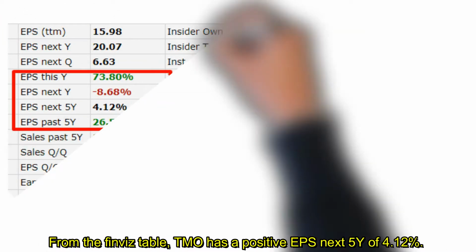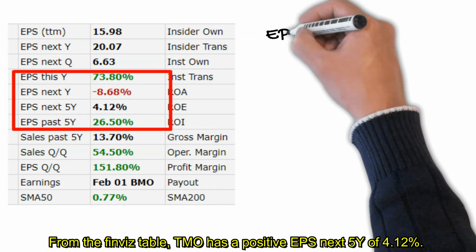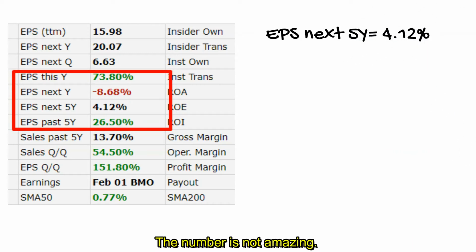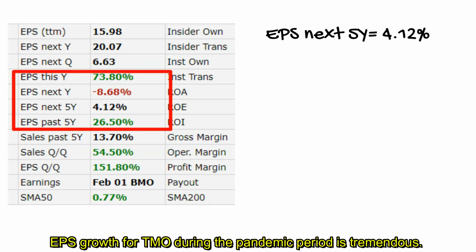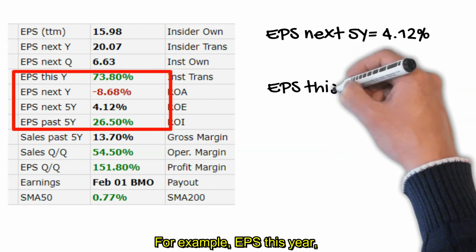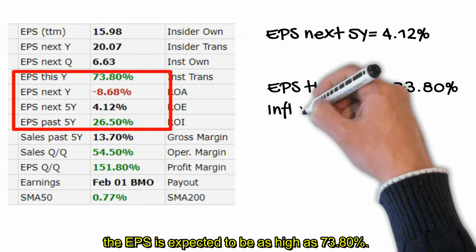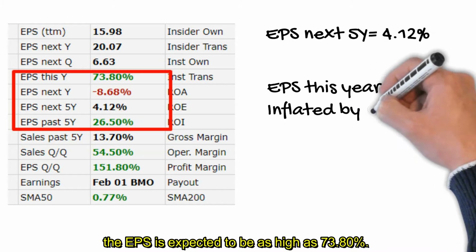From the Finviz table, TMO has a positive EPS next 5 years of 4.12%. The number is not amazing. In my opinion, the reason is that EPS growth for TMO during the pandemic period was tremendous. For example, EPS this year is expected to grow as high as 73.80%.